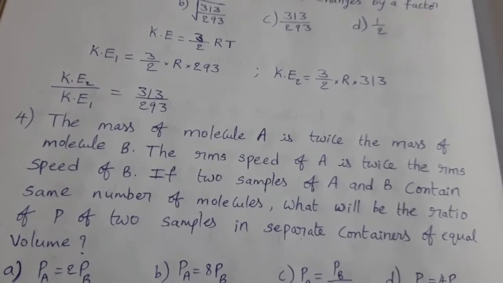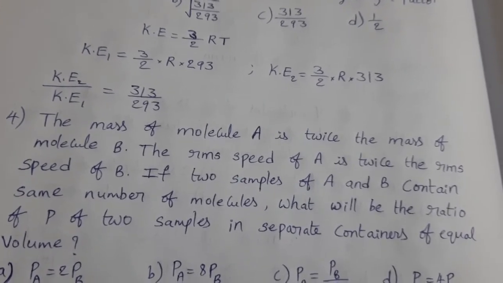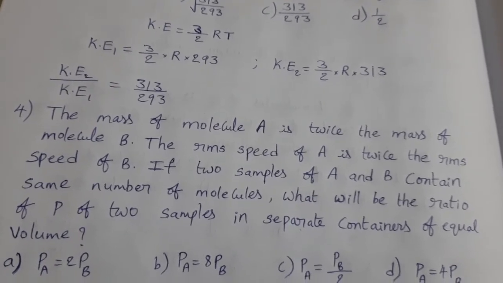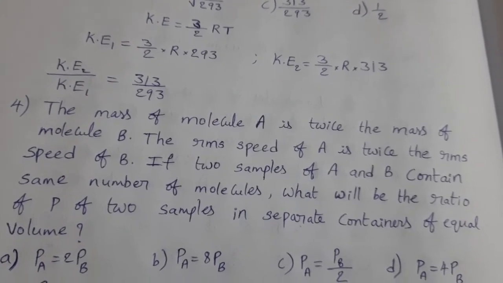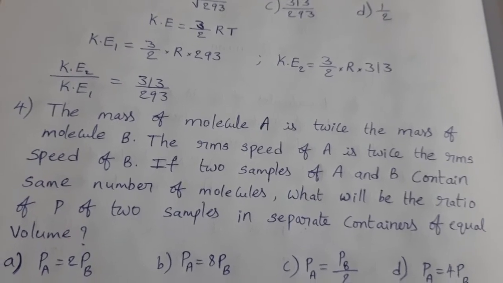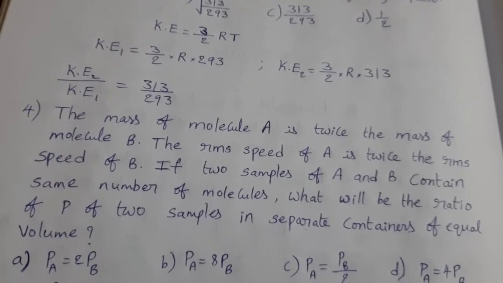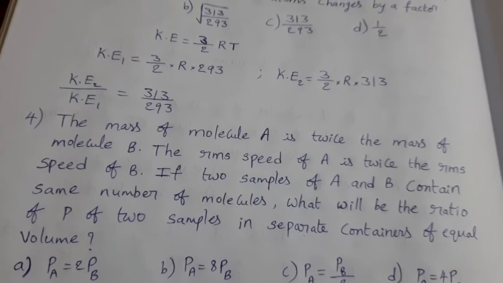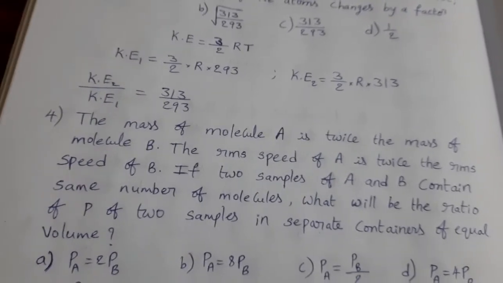Here a new word, RMS speed. Full form is root mean square speed or root mean square velocity of gas molecules. It will come in the next topic. For this question, just remember RMS speed.